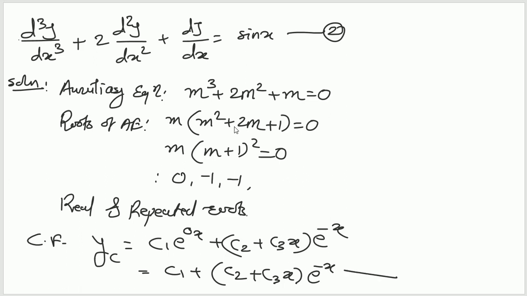So this is how we can find complementary function when roots are repeated. See here we have repeated roots, minus 1 repeated twice, and 0 is not repeated, it is once only. The complementary function is c1 plus (c2 plus c3x) into e raised to minus x. See here we got exactly 3 arbitrary constants. So this is how we can find complementary function for repeated roots.